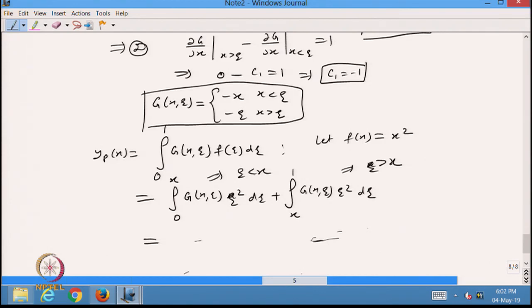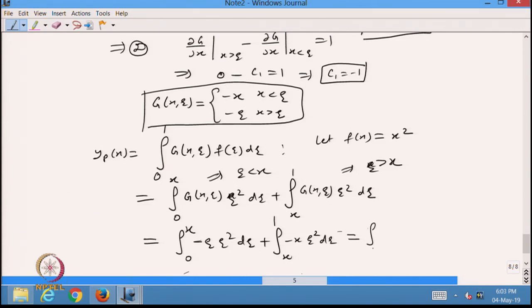So, I can put from 0 to x minus xi into xi square d xi, plus from x to 1, where the value is minus x, so it will be minus x xi square d xi.